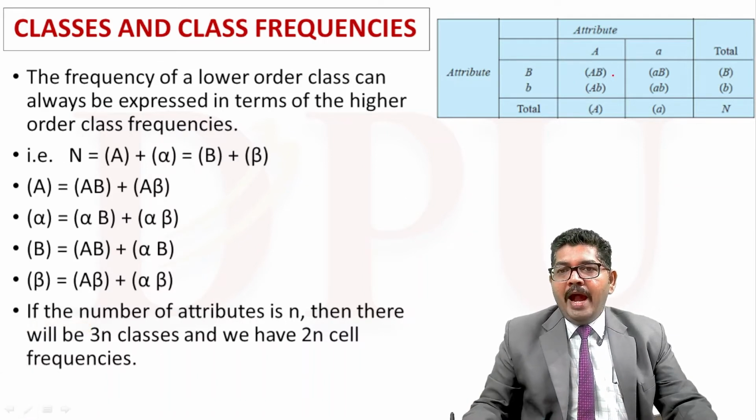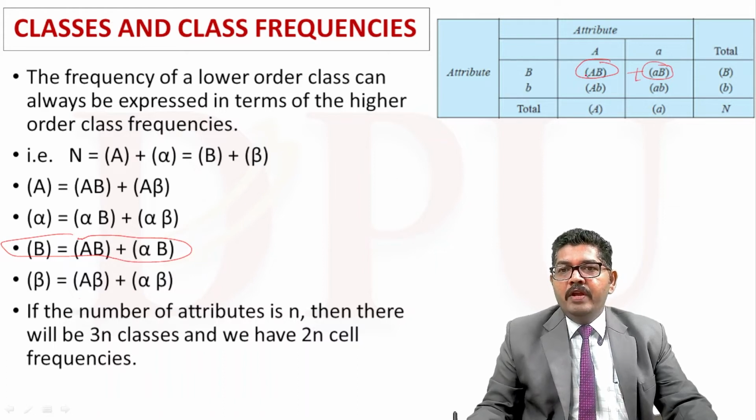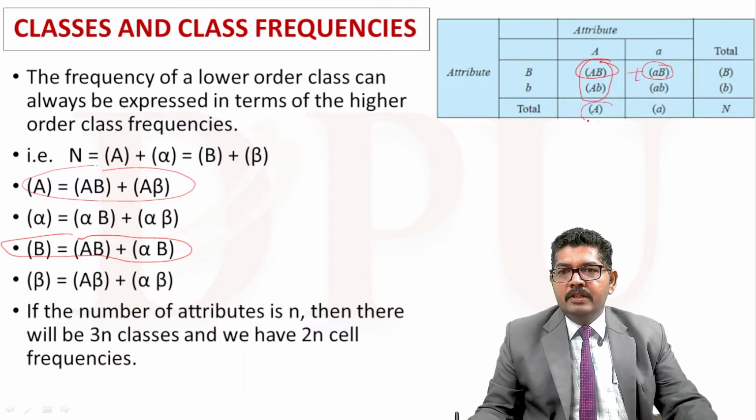Yes, so when we add these two things horizontally, we will get B. So here it is, B is equal to AB plus alpha B. Similarly, when we add these two classes vertically, then we will be getting A. So AB plus A beta is equal to A. Here it is, right? So these are the totals. These are the totals of rows and columns. This is the total of entire rows and columns.